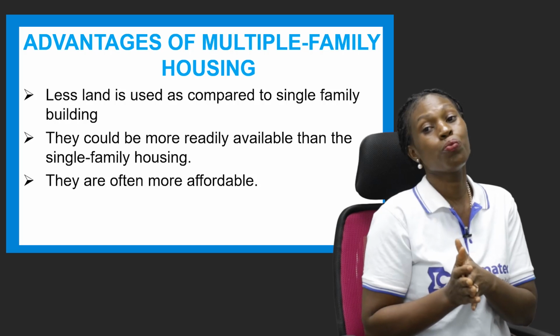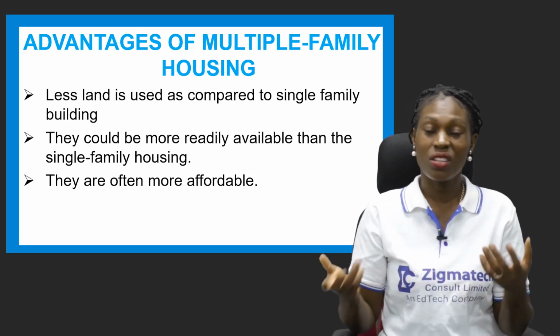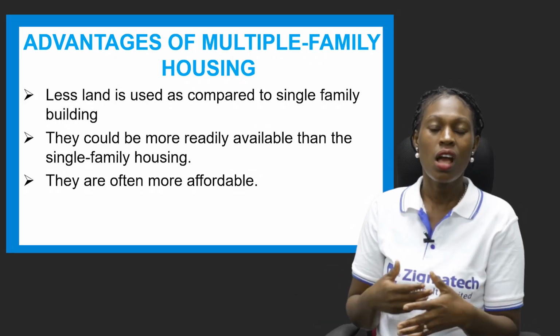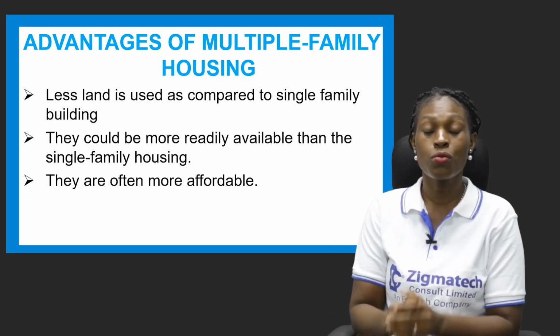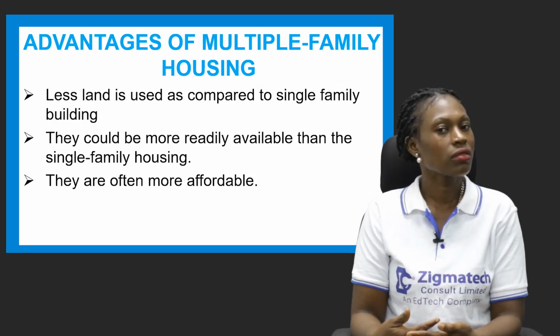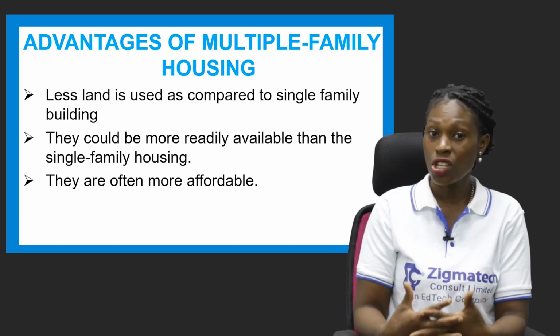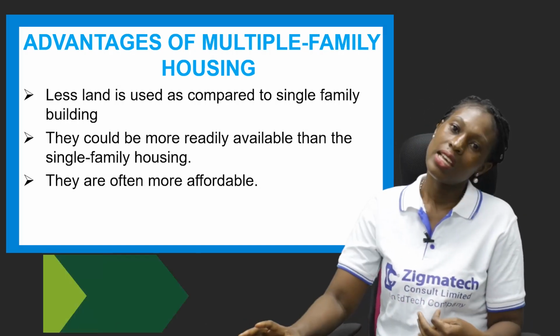Also, they could be more readily available than single family housing. When it has to do with rentage, they're very much available, and often more affordable. You can find them cheaper to live in.